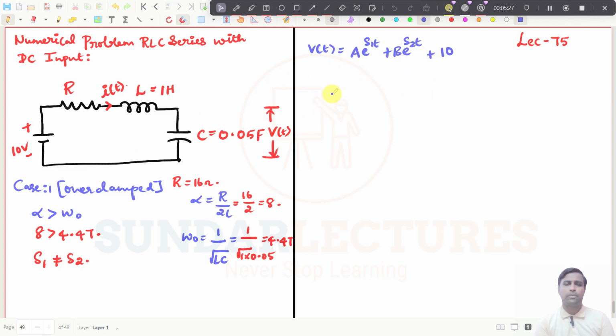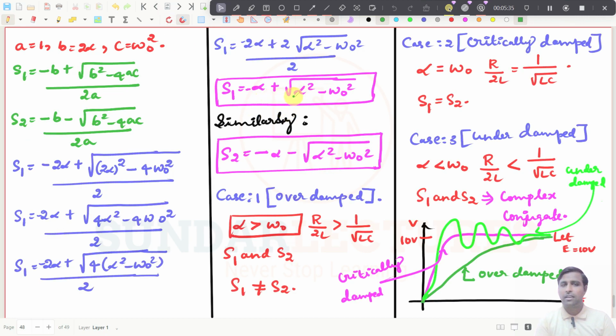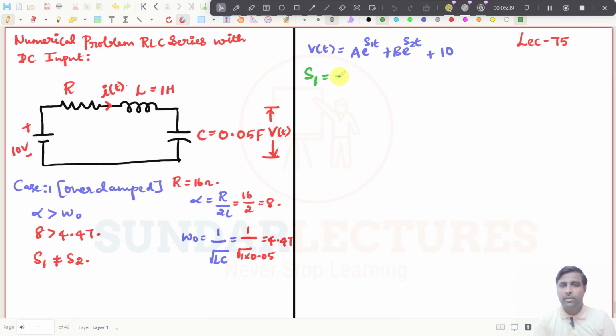So this is the expression now, and we need to find what S1 is. The S1 formula is minus alpha plus square root of alpha square minus omega naught square. Now we substitute.